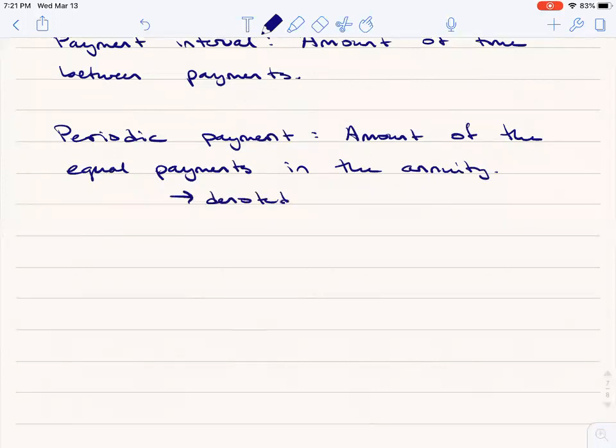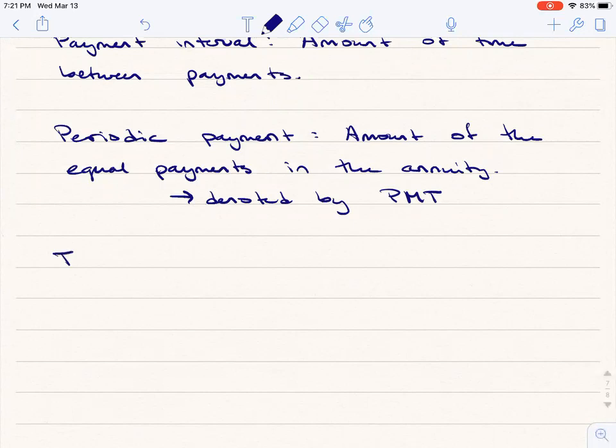It's denoted by PMT. We've seen that on our calculator, right? We just had it at 0 when we were using it before, but now definitely for chapters 6, 7, and 8, we want to use our calculator, because it's going to make things a lot easier. And so we've got this PMT button that we'll be using quite a bit.